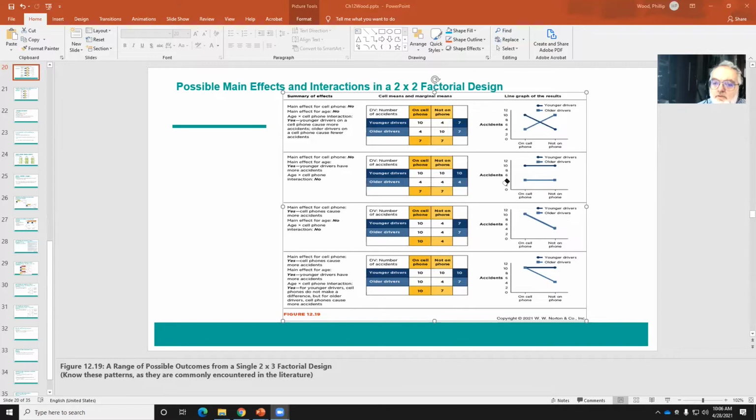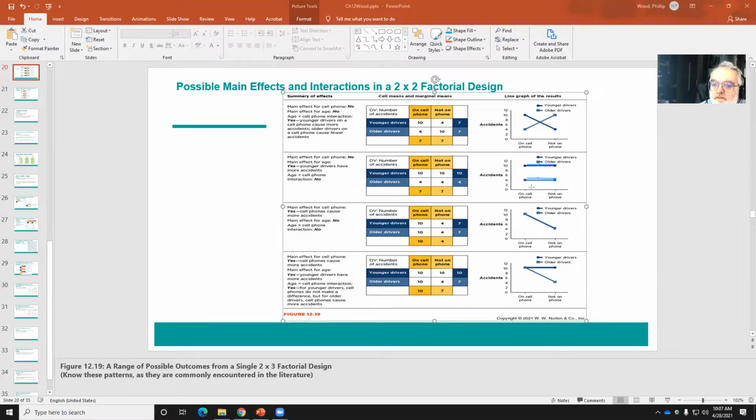In the same case, if we play the same game with the second one, here I have a main effect for age, because if I consider this line and squeeze it together and put a dot here, and squeeze this line together and put a dot here, I have a main effect for the younger versus older drivers.